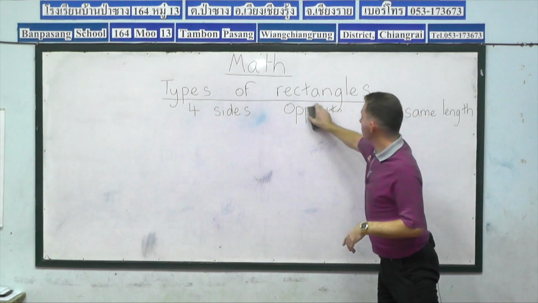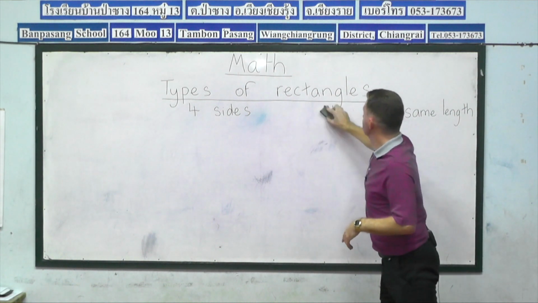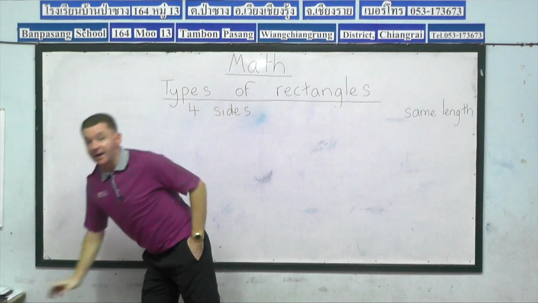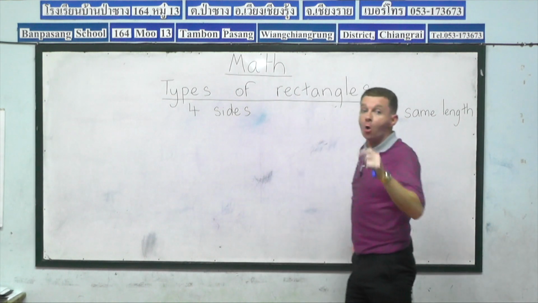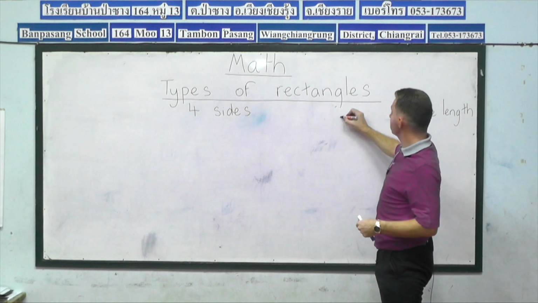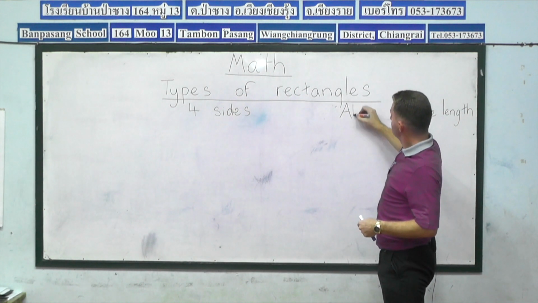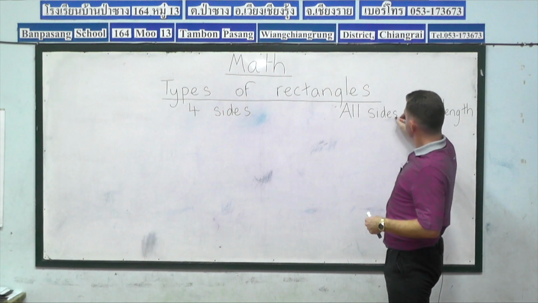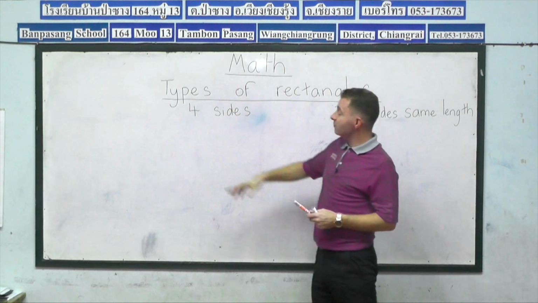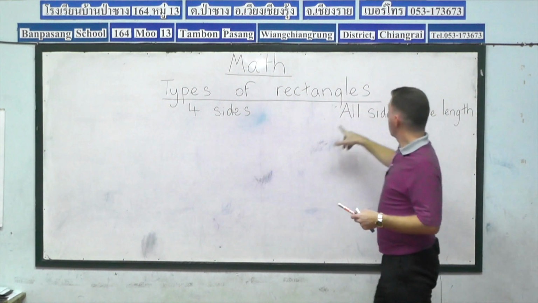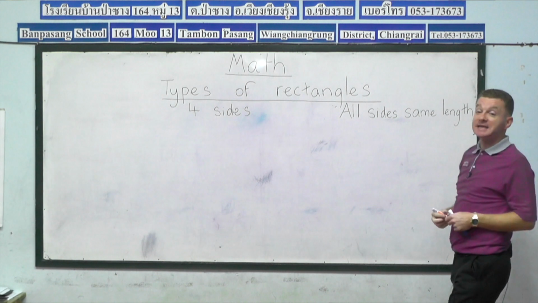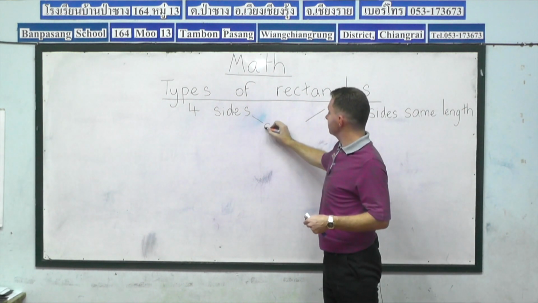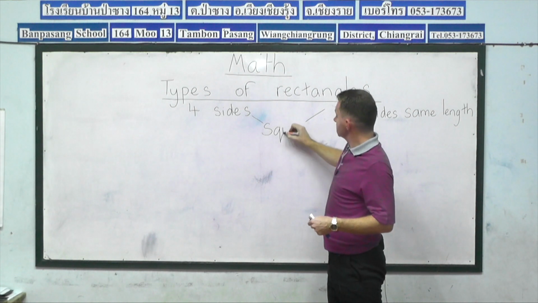So we can change the characteristics from opposite sides, same length, because what we do with a square is we make sure that all sides are of the same length. So altogether, guys, we've got 4 sides, all sides the same length. And these characteristics make the type of shape we know as a square.